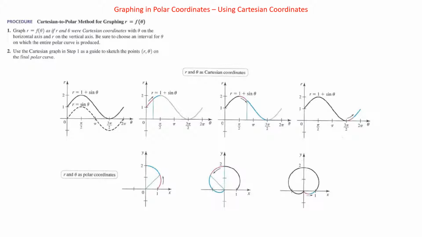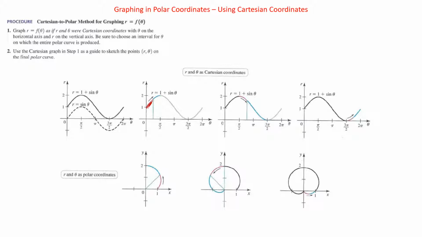So if we're looking at this one, we go from 0 to pi over 6, and the y value, or the r, goes from 1 to not quite 2, but like 1.5.